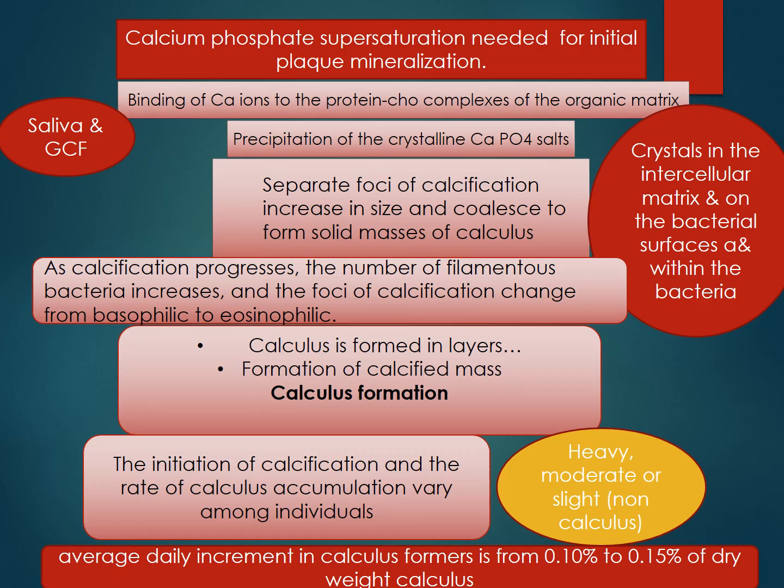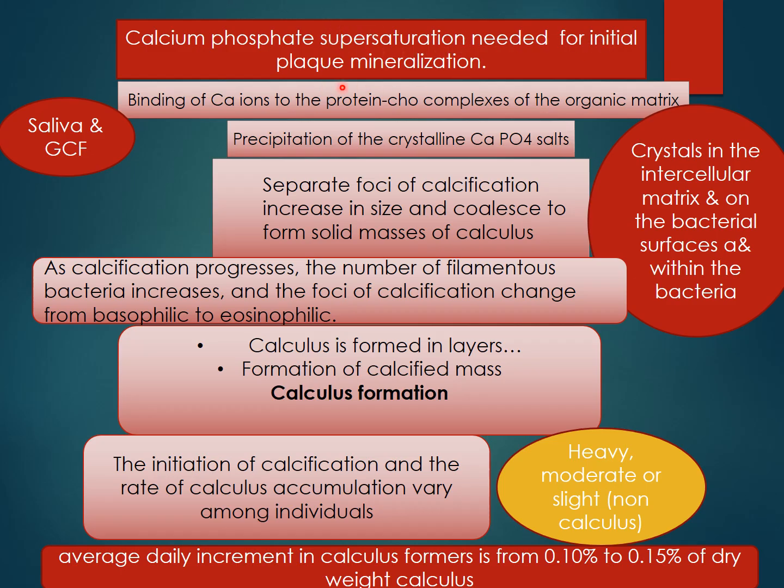So coming to the steps of calculus formation. For the initial mineralization process to occur, calcium phosphate is very important, and certain membrane associated components and regulation of nucleation inhibitors are also required. For the initial mineralization, as we said, calcium phosphate supersaturation is needed.